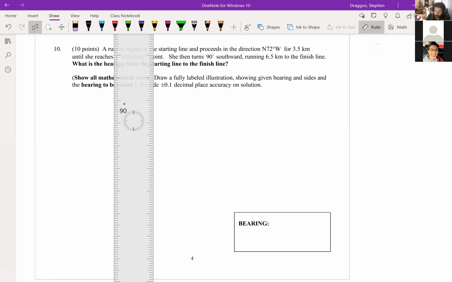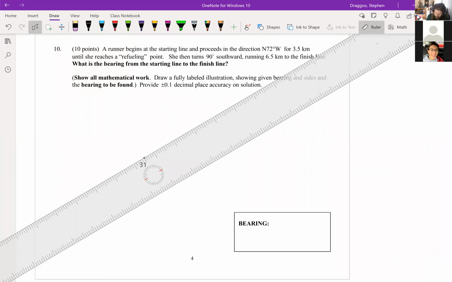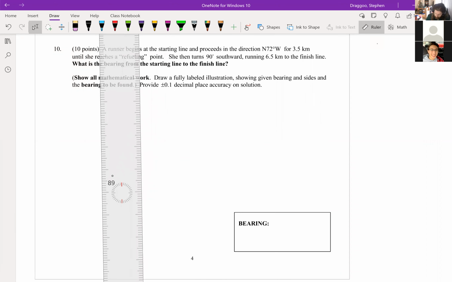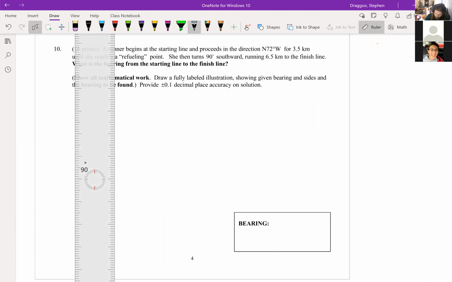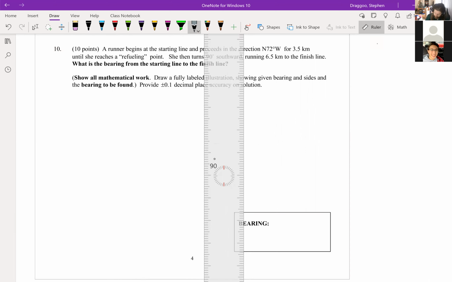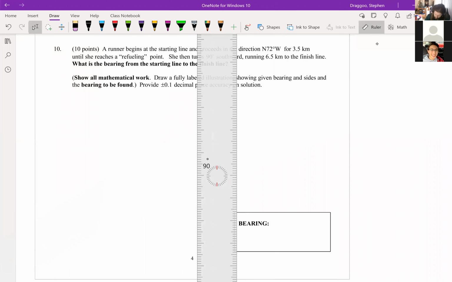All right, so let's try and track this runner's path. We're going to be running northwest, which means left. So I'll draw my north line right there.